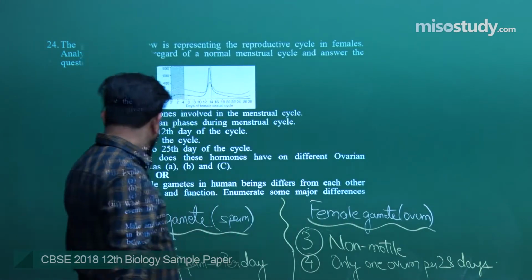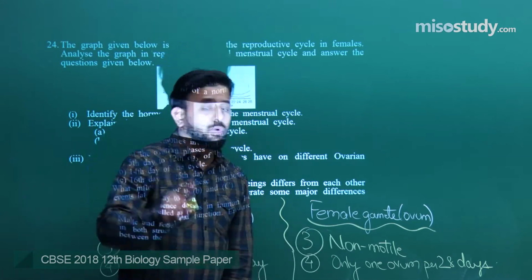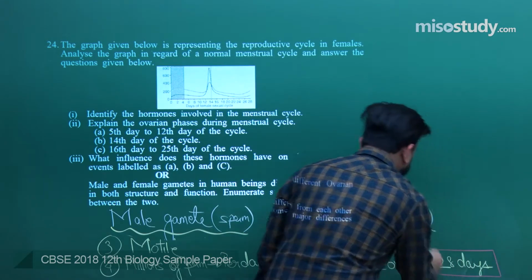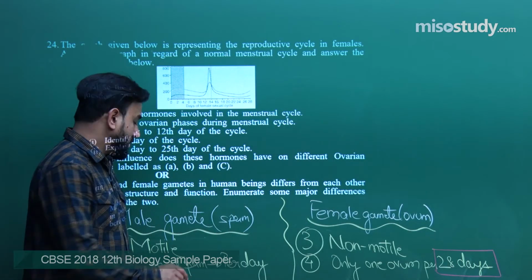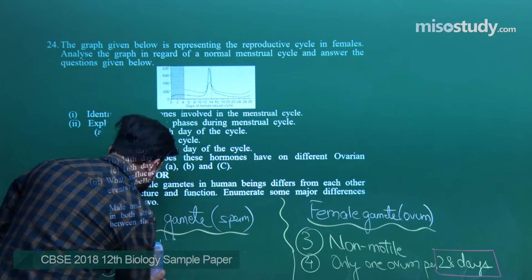Okay, millions of sperms produced per day in the male. In the female, only one ovum per 28 days. Right?